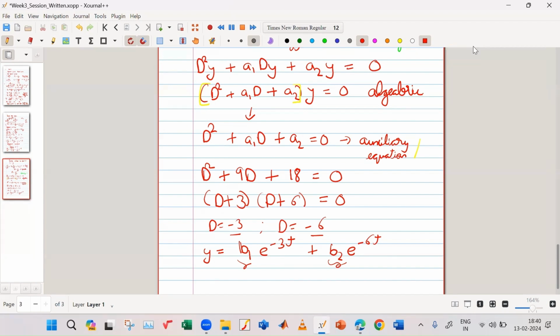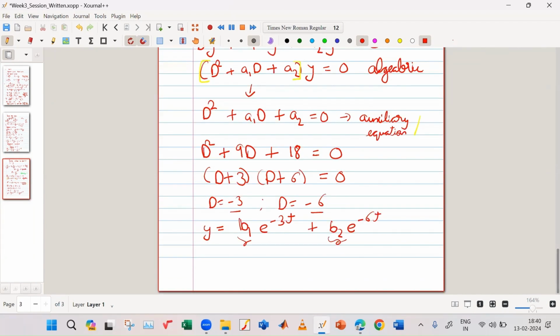Initial conditions we can apply. Okay, so you can apply initial conditions. Final conditions also could be possible for you to know. So these things you will use.